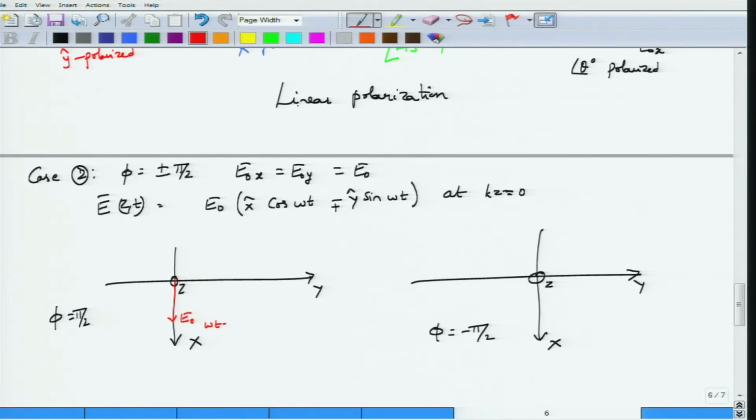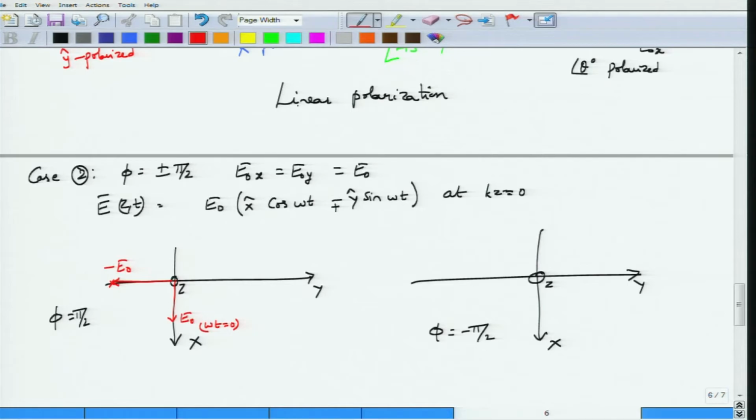What would happen at omega t equal to pi by 2? Cos of pi by 2 is 0, whereas sin of pi by 2 is 1. But you have a minus sign up here. Therefore, the electric field would point along the minus y direction with an amplitude of E0.